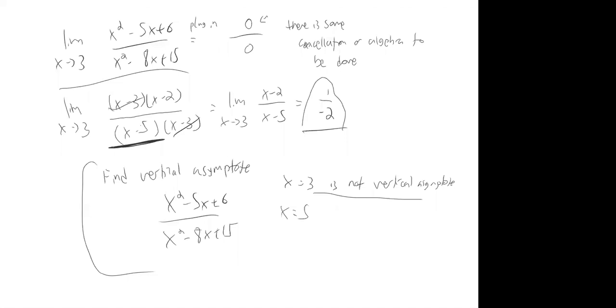Another 0 over 0 case involves a square root. In that case, you just multiply by the conjugate. So my advice would be to multiply by the conjugate.